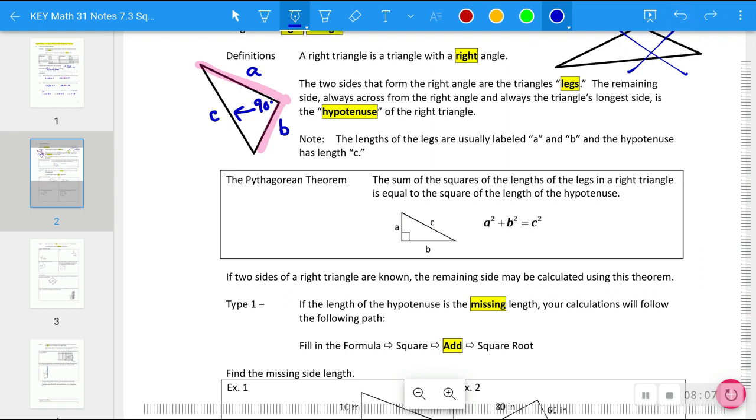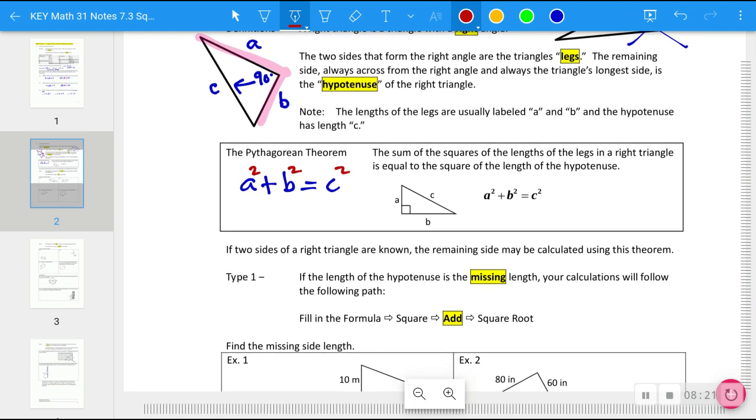Okay, so it's almost as easy as A plus B equals C, but not quite. If you write down A plus B equals C, that's false. But the Pythagorean theorem simply squares those, and then the equation is true.